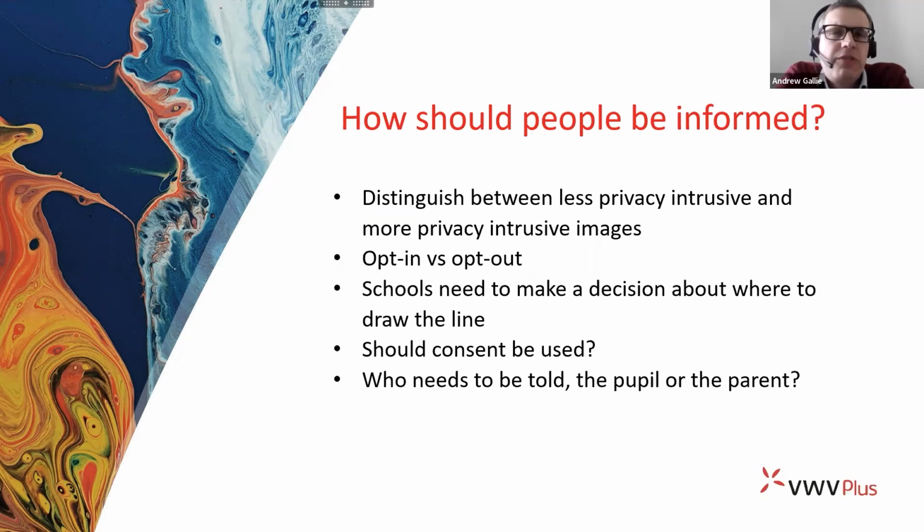The reason why we're suggesting schools give consent a wide berth here is because the ICO have recently produced some guidance, and the guidance was aimed at academic research, so it's not really aimed at schools or charities as such. But one of the perhaps unintended consequences of the guidance is that if you get consent for something, it's more difficult to include that thing in your archive.